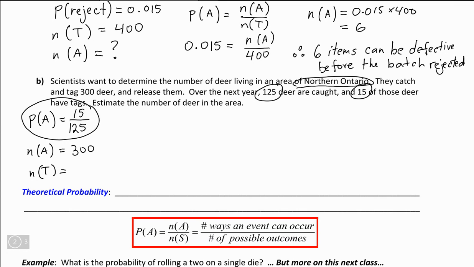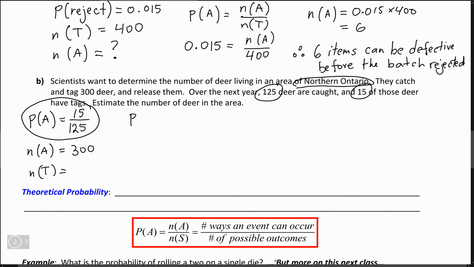So we're interested in finding that total number in the area. So we're going to use another probability calculation, and we're going to say P of A is equal to the total number of deer that are tagged divided by the total number of deer in the area. Okay, so that's what we're going to try and figure out, n of t.